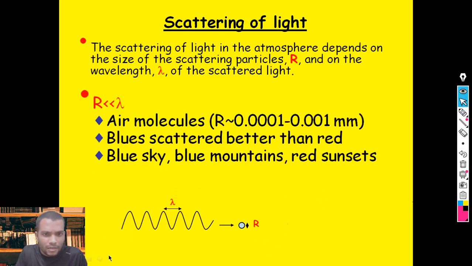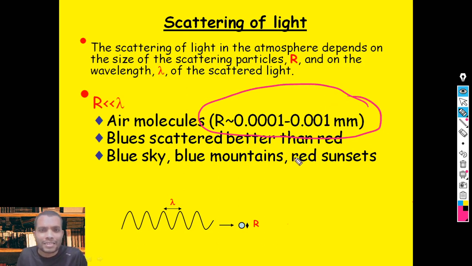Now let me take one last case. If the air molecules are much smaller than the previous raindrop or anything else we consider in the atmosphere. This is the size of the particle in the atmosphere, this much small, 0.001 millimeter. Milli means 10 power minus 3 meter.